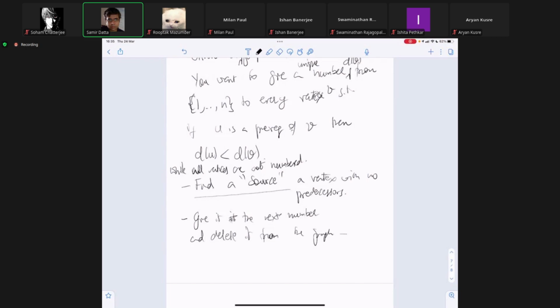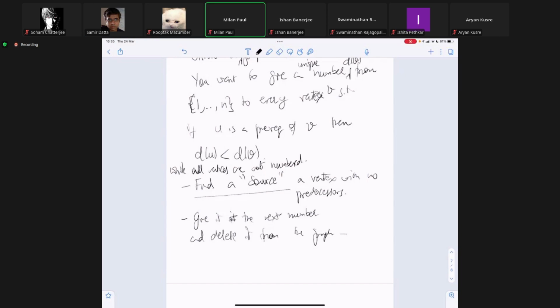Suppose the source exists, you give it the next number, and then you delete it and all the edges incident on it from the graph, and then you recurse. That is, you go back, find a source in this graph, give it the next number, and delete it from the graph, and continue this way. So is the procedure clear?